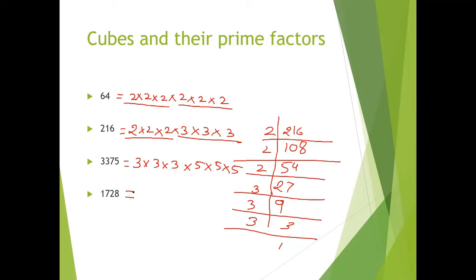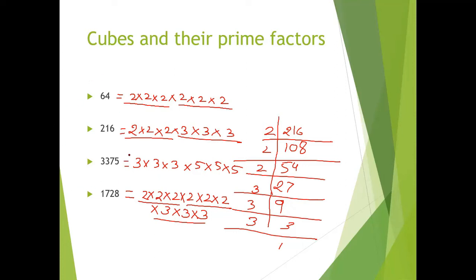Okay, 1728 is 2 into 2 into 2 into 2 into 2 into 2, 3 into 3 into 3. Okay, 2 appears 3 times, again 3 times, and 3 appears 3 times. In this way, we will do the prime factors.